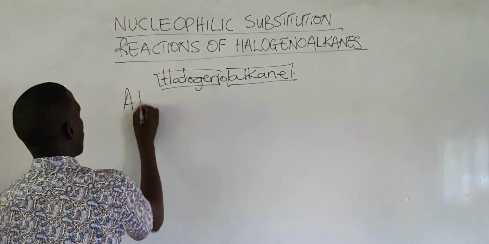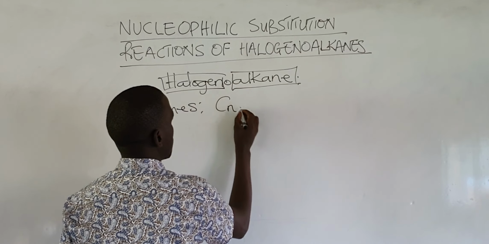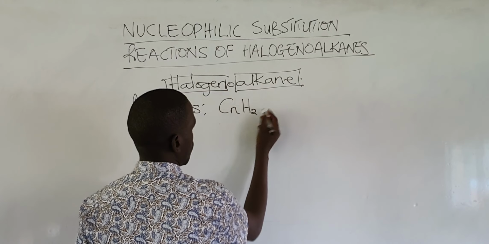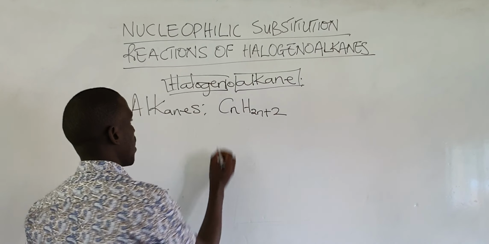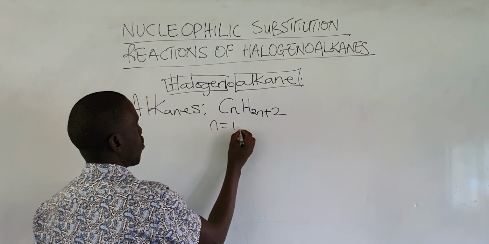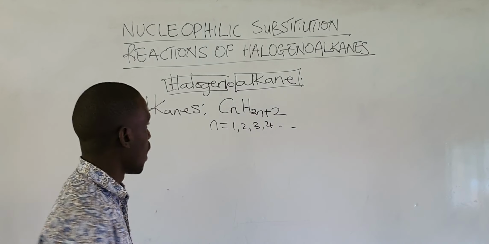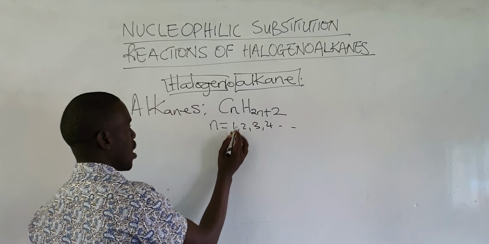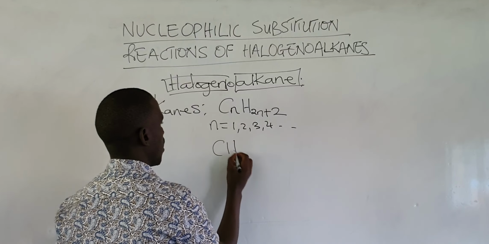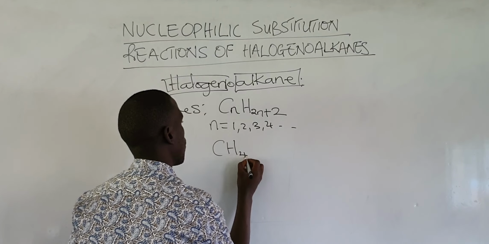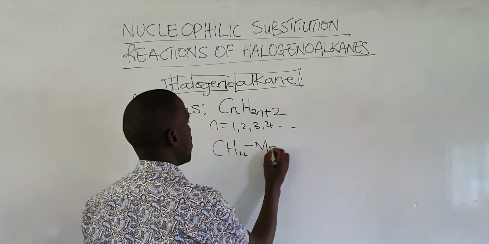Alkanes have a general formula of CnH2n+2. If we have n equal to 1, 2, 3, 4, and so forth, let us substitute n with 1. We shall have CH4, the name of this alkane is methane.